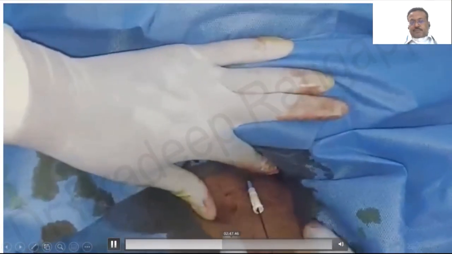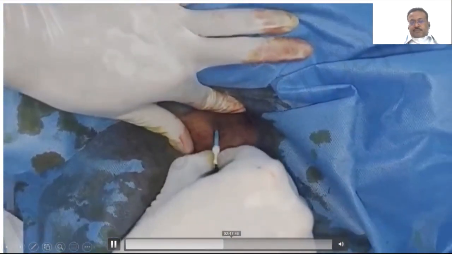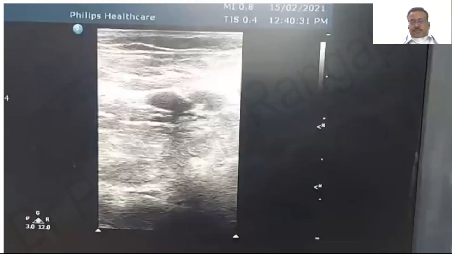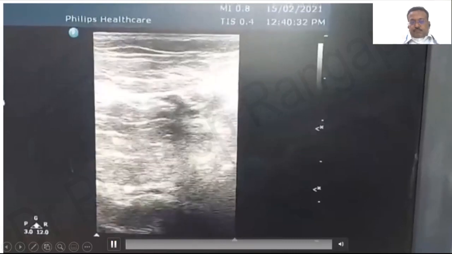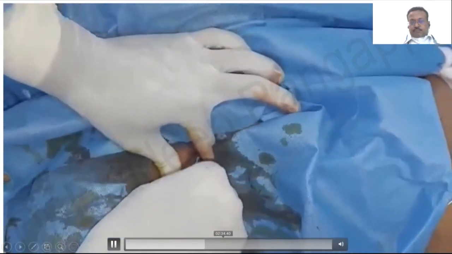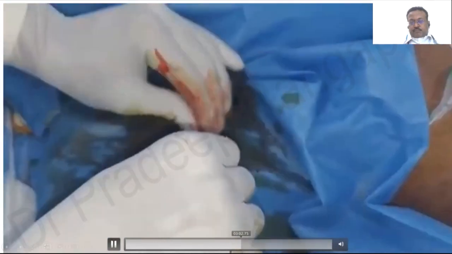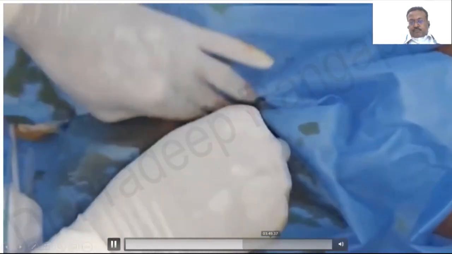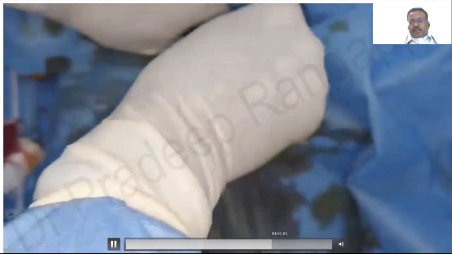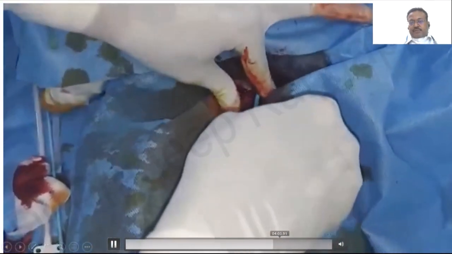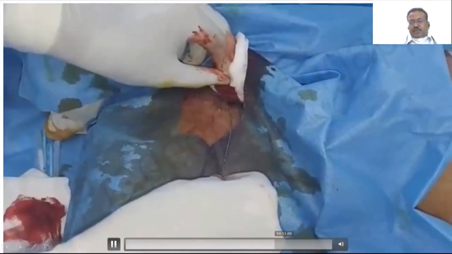You can see the nice dilator that's gone in. So that's a bigger dilator that is passed. I'm just forwarding the video so that we finish this fast.